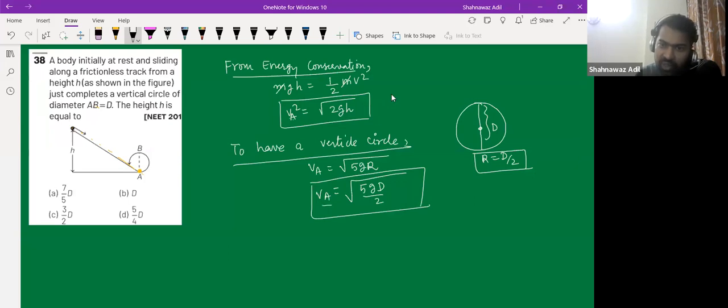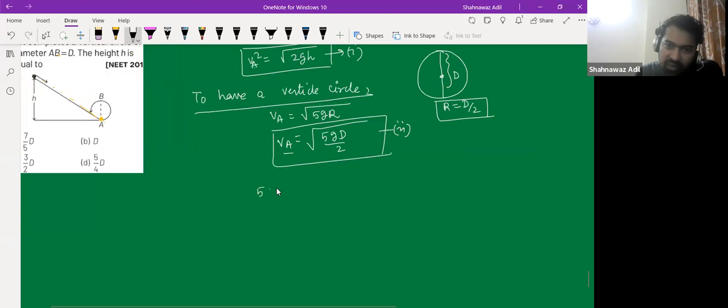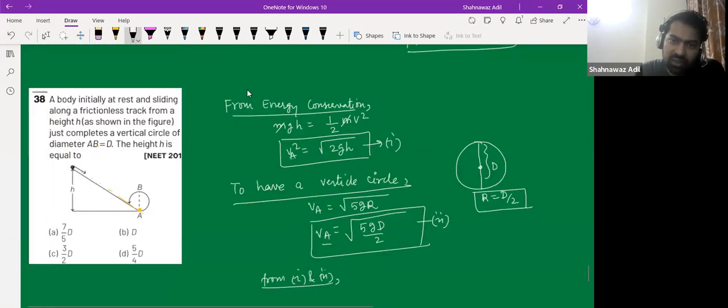So from 1 and 2, VA square is 5gD by 2. From 1, VA square is simply 2gh.